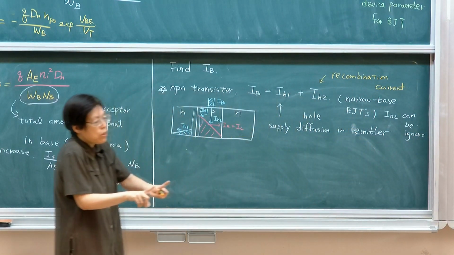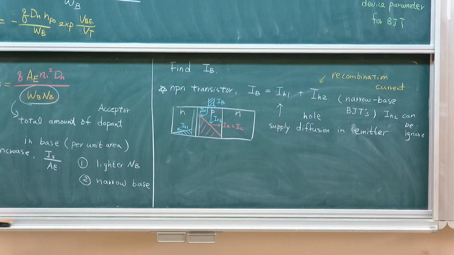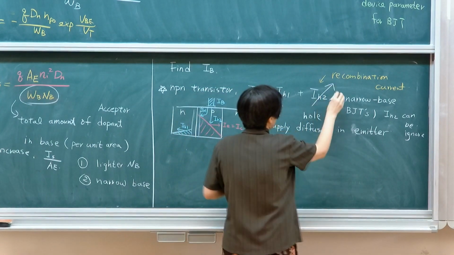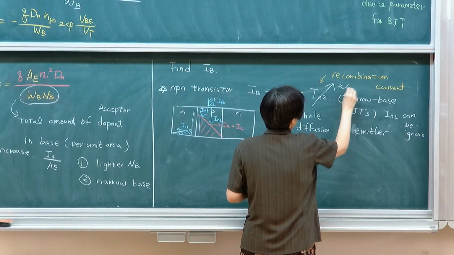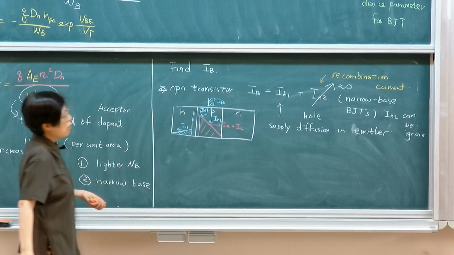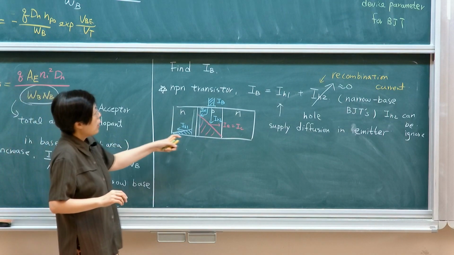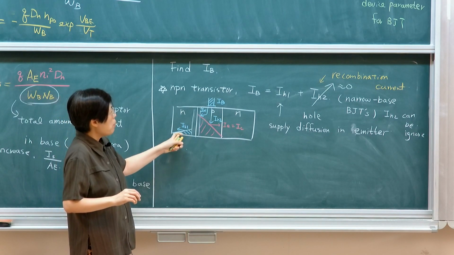Because the transition area is very small, so the chances of recombination are fairly low. So we can actually ignore this for now. You can assume that it's close to 0 if it's a narrow base structure. So then your hole current or the base current will then be limited by the diffusion in emitter.